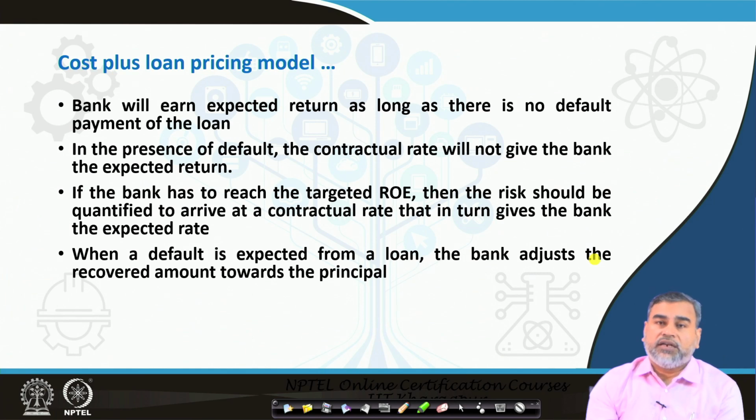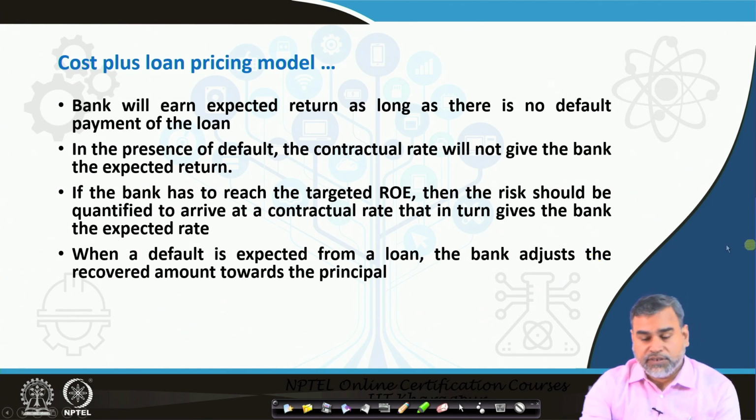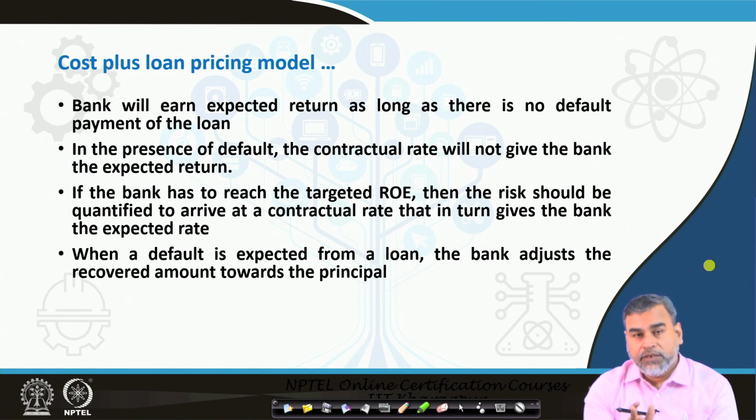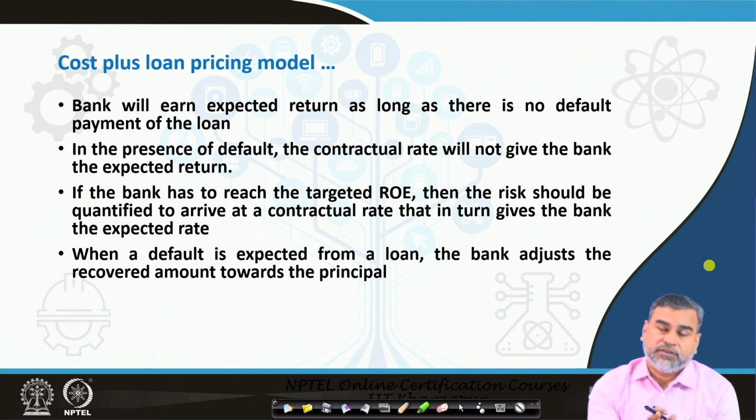So, keep these things in mind, the bank will earn the expected return as long as there is no default payment of the loan. So, here what we have seen, if you maintain a profit margin in such a way that the ROE will be maintained, then the price of the loan will be equal to the contractual rate.